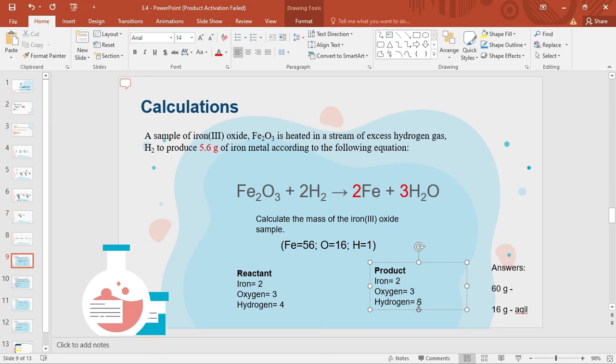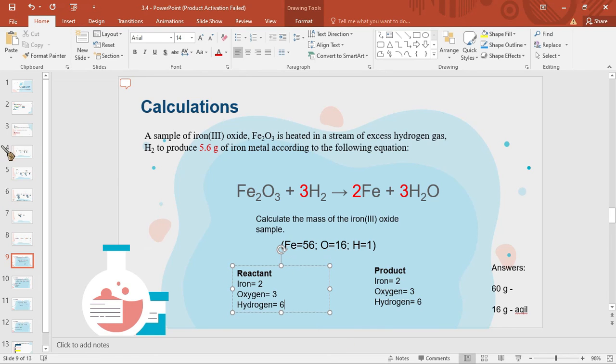We put 3 at H2. Now we got 6 hydrogen. Balanced. Okay, done.